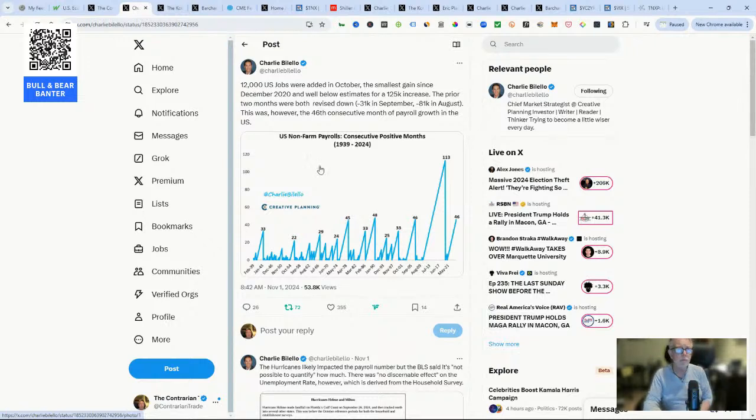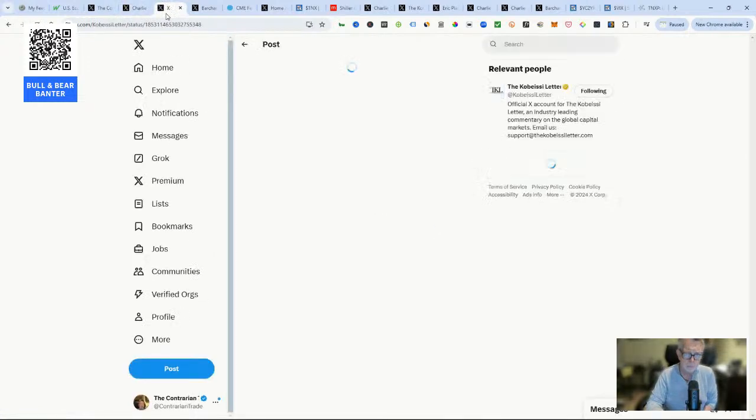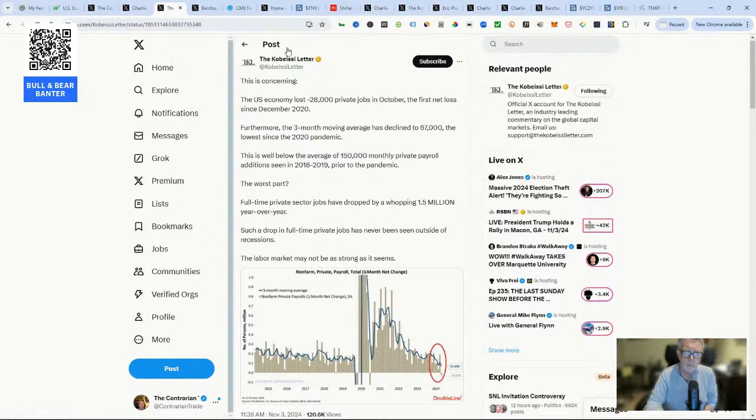In fact, when you take a look at this, this is off the Kobeissi Letter. This is concerning. The U.S. economy lost 28,000 private jobs in October. Remember, the other report said it was a growth of 12,000. That includes government workers. The first net loss since December of 2020.